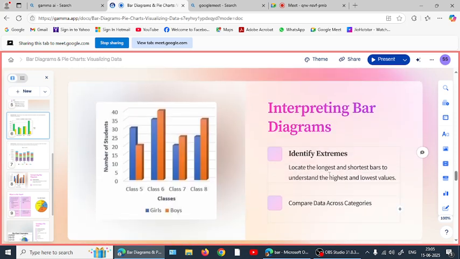And here I inserted a slide for you. From this picture, can you interpret the things? Tell me what you get from this chart. Yes, it is a survey between girls and boys.